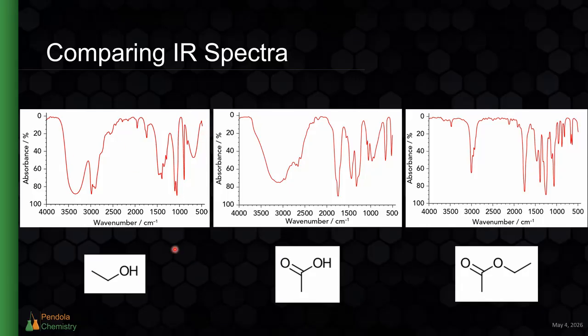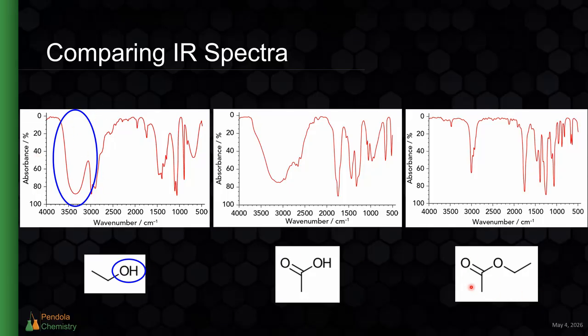For example, if we look at the ethanol, we'll notice that we have the very deep, wide peak all the way to the left in the 3000s. That peak is a textbook hydroxyl peak. We're always going to have these very wide OH peaks all the way in the 3000s when we have an OH group.